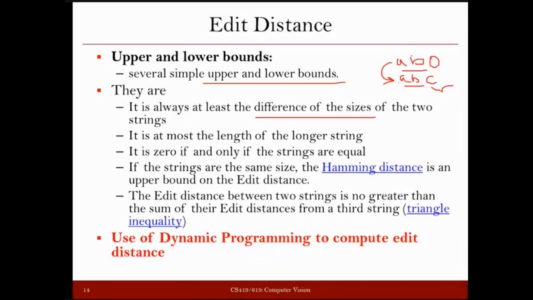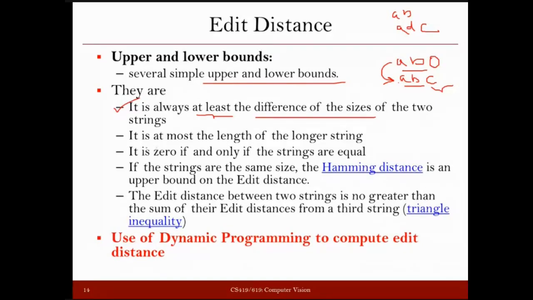This has size 2, another one has size 3, so the difference is 1. So you need at least one operation to convert one string to another. But if your string was AB and ADC, then obviously you need more operations. So this only defines the first property that you see here. It defines the lower bound.